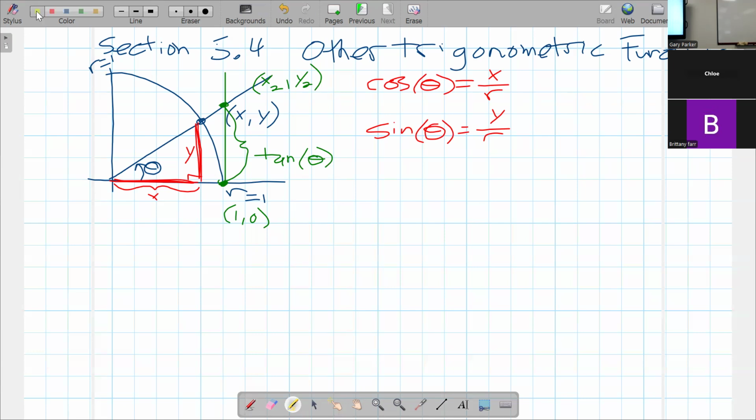And then if I go from that point all the way back to the origin, that length right there, and I'll prove this in a minute, turns out to be what's called the secant of theta.